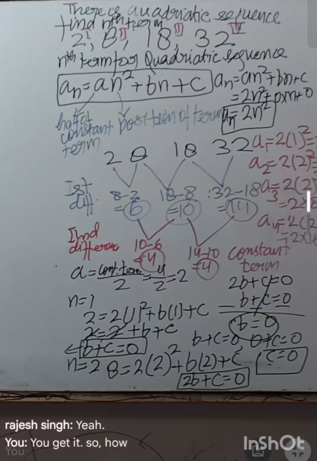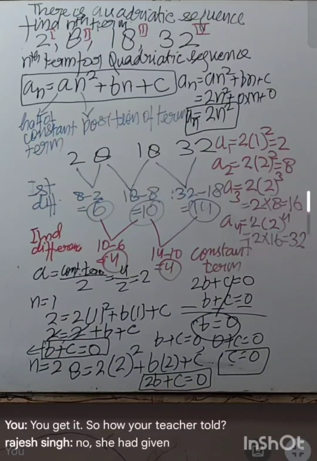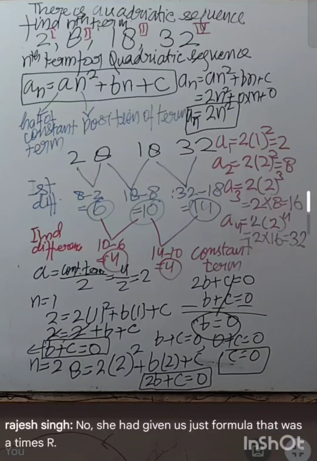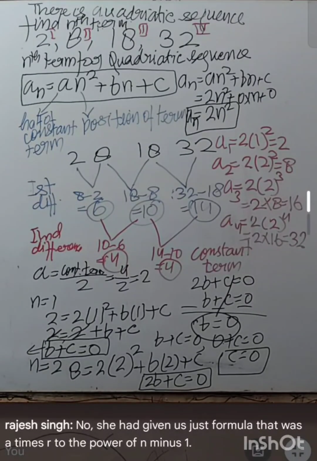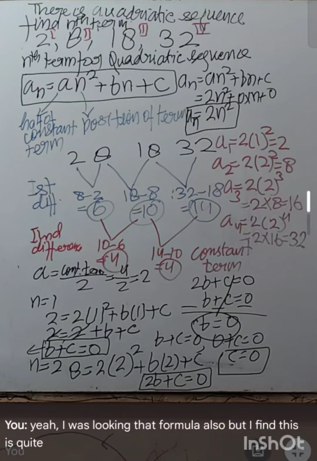So how did your teacher tell you? No, she had given us this formula that was a times r to the power of n minus 1. Yeah, I was looking for that formula also, but I find this is quite easy.